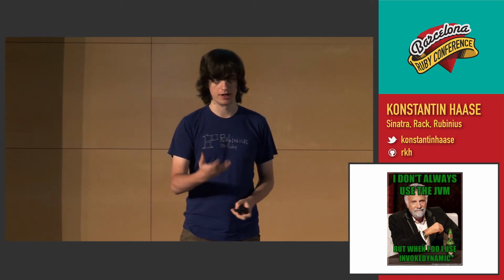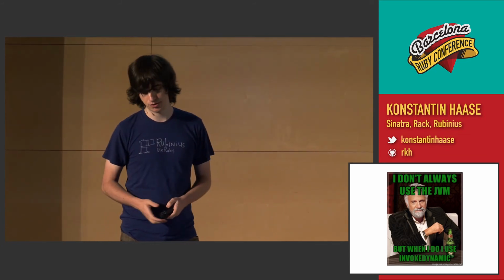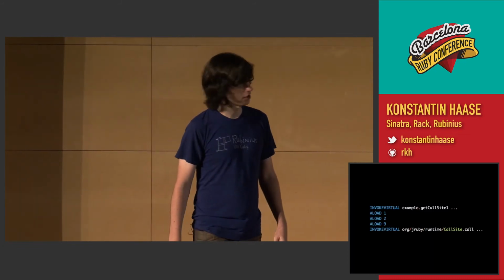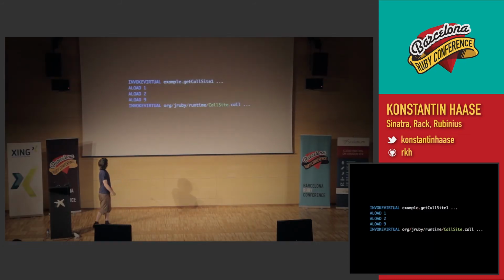Generally, if you compile JRuby code to JVM bytecode on 1.6, it looks something like this. There's an invokevirtual here, which gets the JRuby call site, which is basically the representation of your method. Since the JVM does not know how to call Ruby methods on 1.6, JRuby has to wrap it in a call site. That call site has to land on the stack.